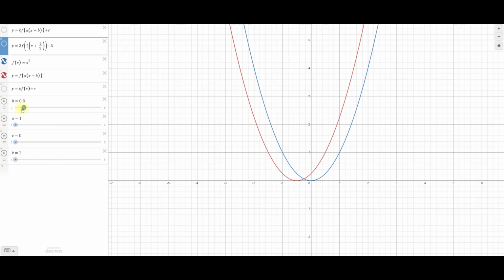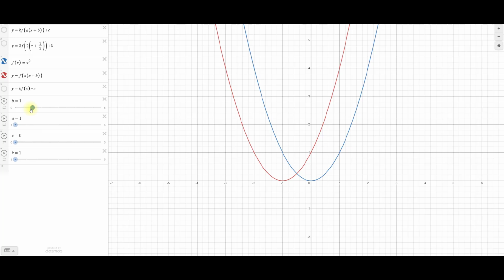So let's do a horizontal translation of 1 unit. So my b is 1. It results in a translation to the left of 1 unit. And then I am going to change my a to 2. So b 1, a 2 results in a translation to the left and a horizontal dilation of factor 1/2.